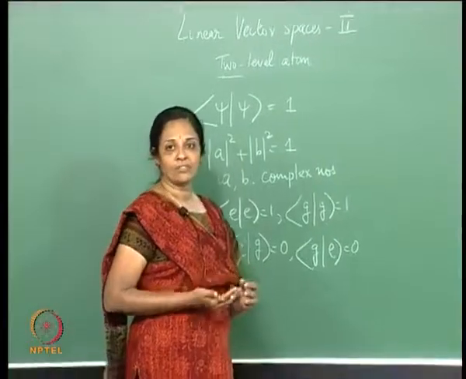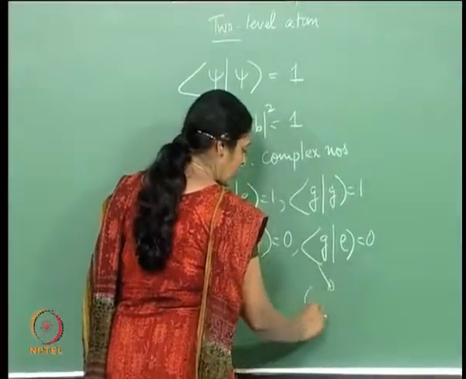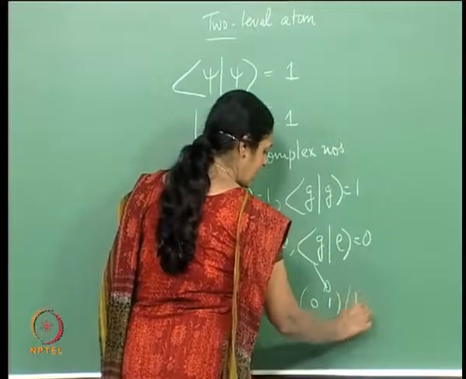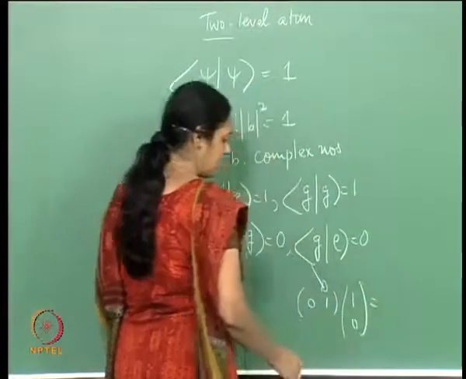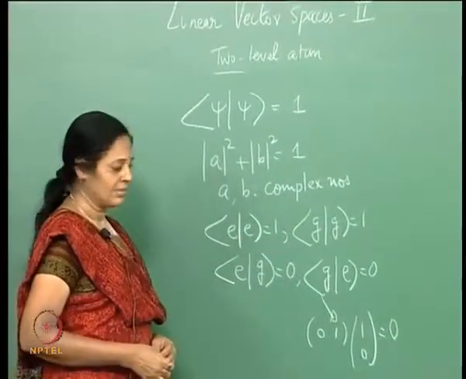Now, I could give matrix representations. In that case, I would write this as (0, 1) and that as (1, 0).